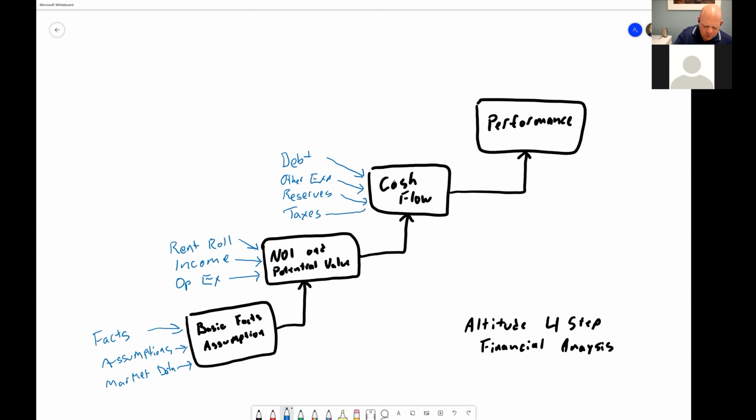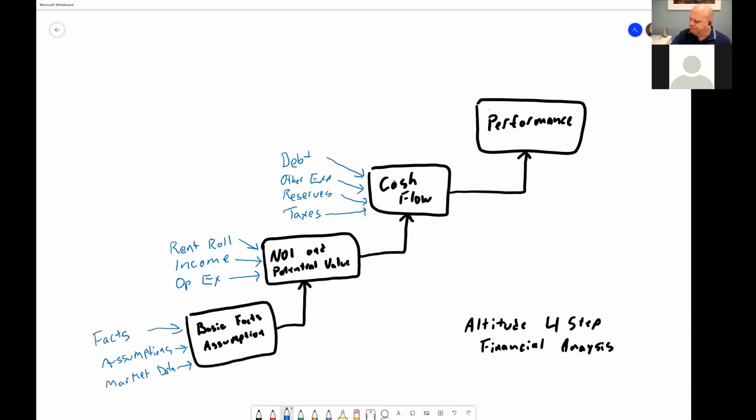Now, taxes isn't really something we consider very much when we're doing a syndication, but it is important to know what the after-tax cash flow is as well, just because you may still need it for whatever your other purposes are. If you have somebody who's actually going to be buying it free and clear, things like that, it's useful to know. And it fits in just fine on our cash flow because all the things that are taxed also feed into our discussion on performance.